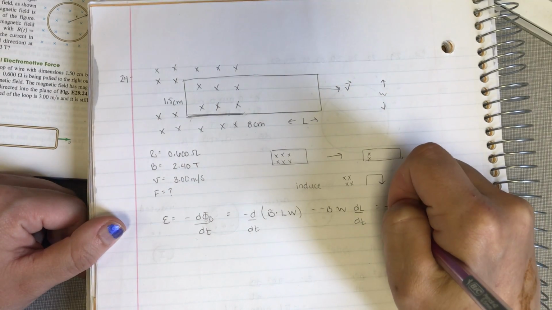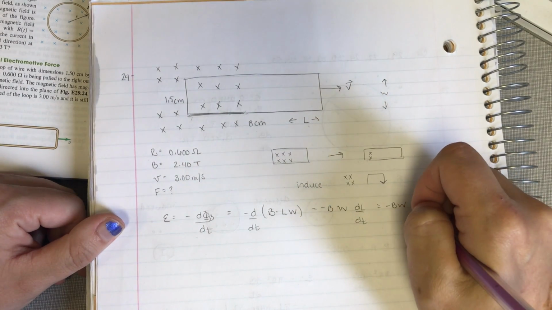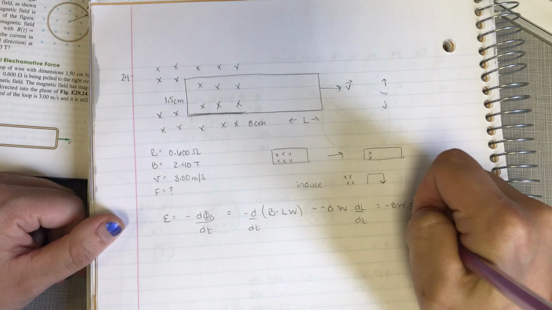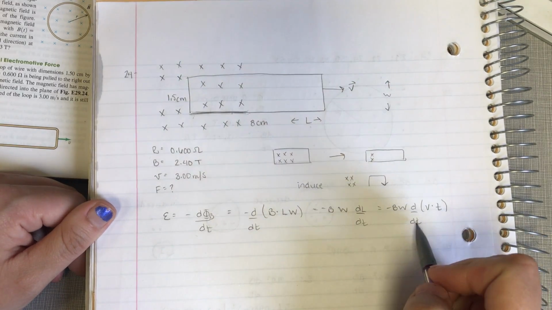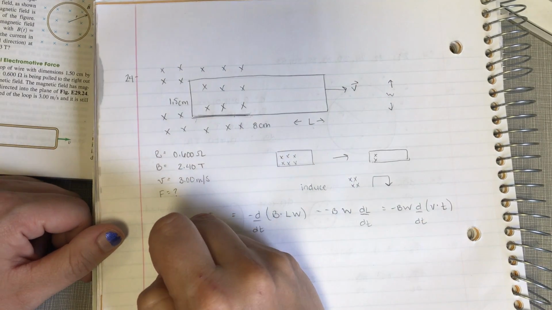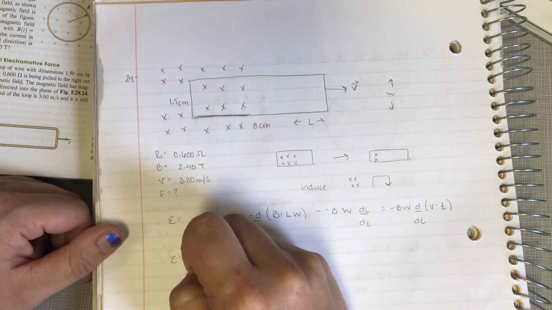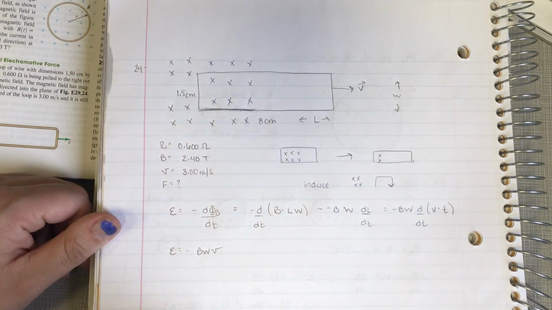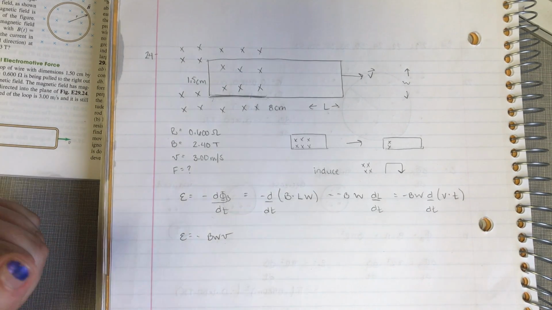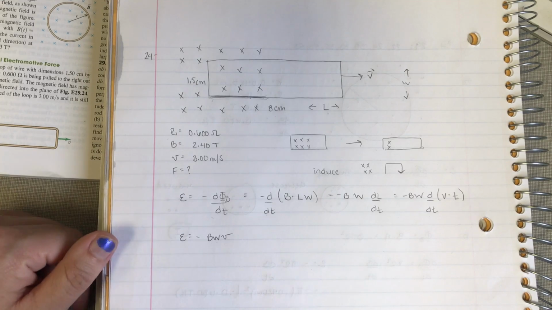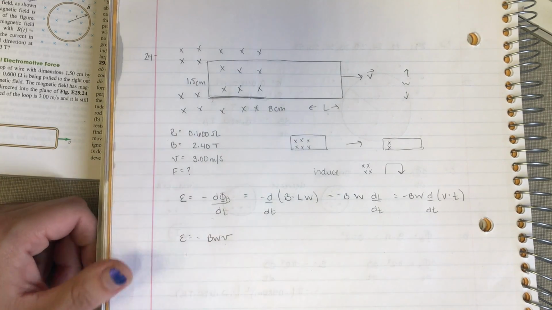That's going to be minus B W d by dt of velocity times time. If we take the derivative of that, we're just left with the velocity. So our induced EMF is B times the width times the speed that we're pulling it out of the field.